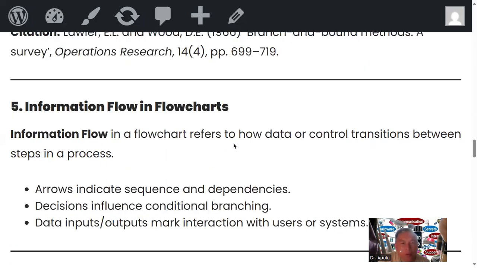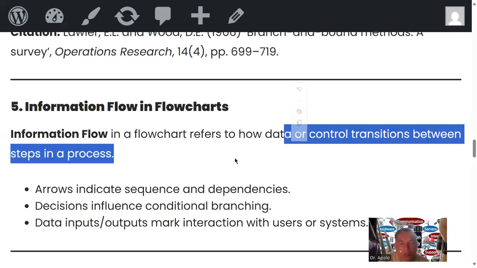Information flow in a flowchart refers to how data and control transition between steps. Arrows indicate sequence and dependencies. Decisions influence conditional branching.